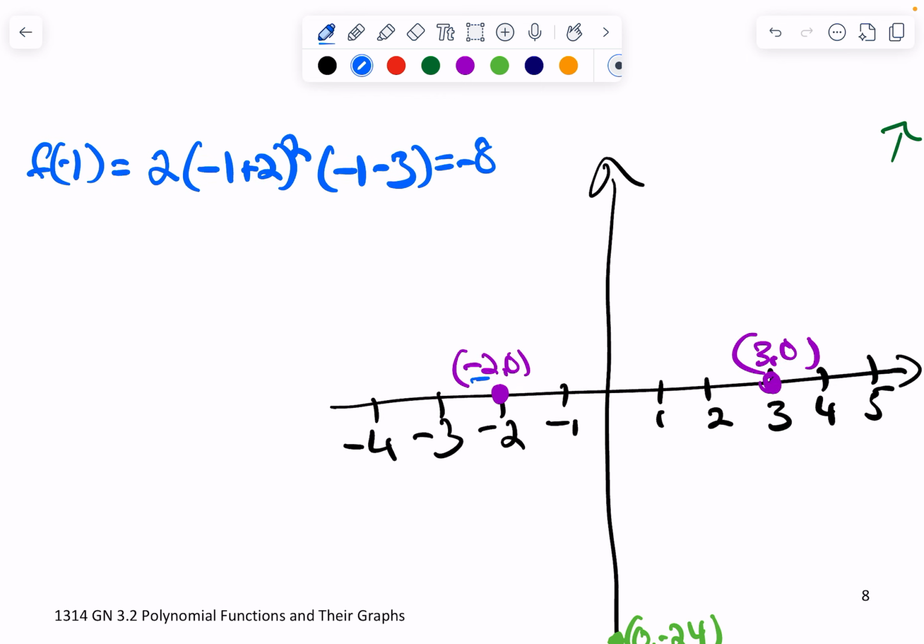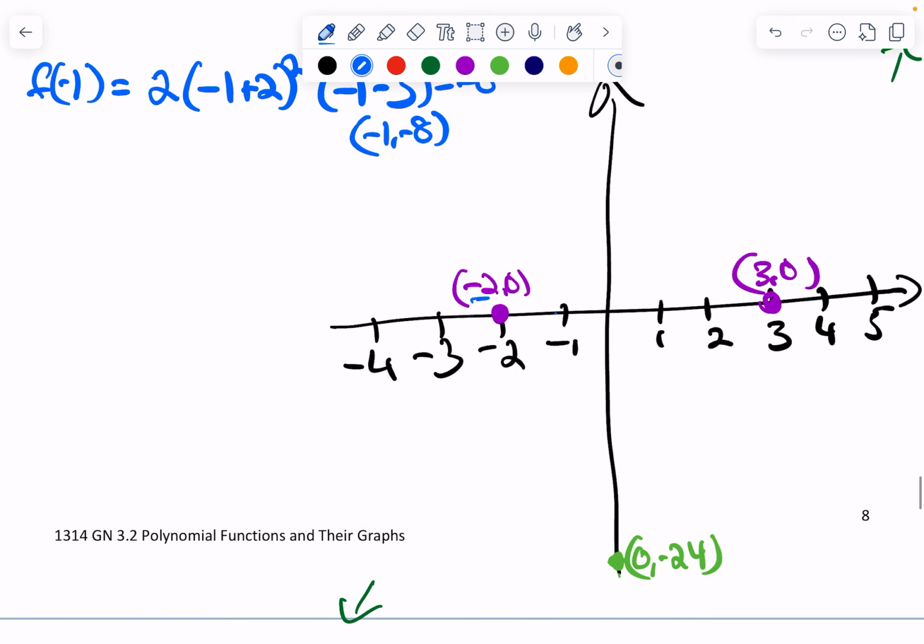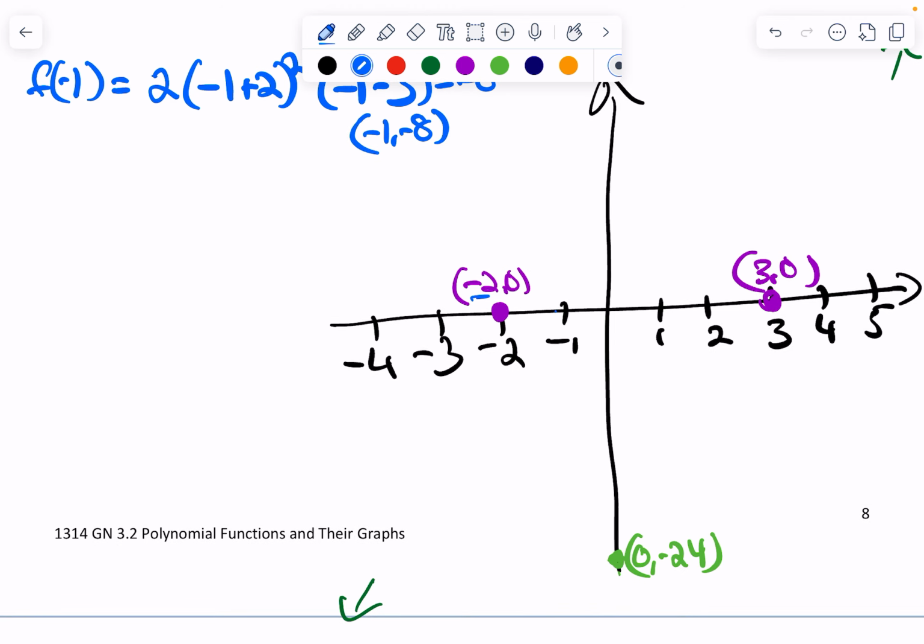So one of the points is (-1, -8), which is going to be somewhere here. Okay, so now we know that the graph is coming from somewhere here, and that it's going to turn at (-2, 0) and go back down.